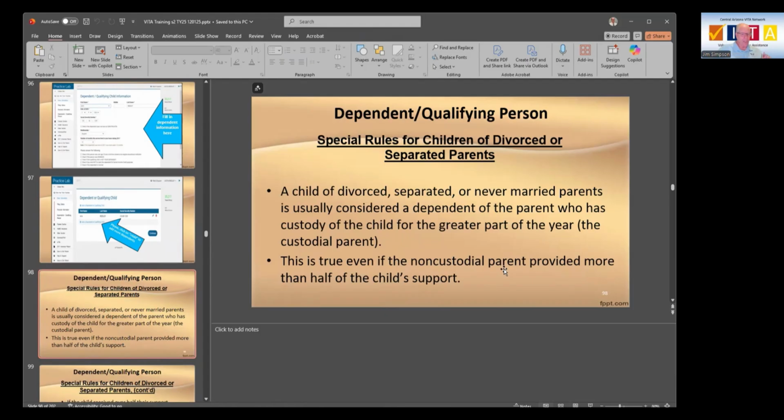I've really talked about this screen, general rules of children of divorced or separated parents. It's really important. The custodial parent has the first right, even if the non-custodial parent is paying all the expenses and so on, right?